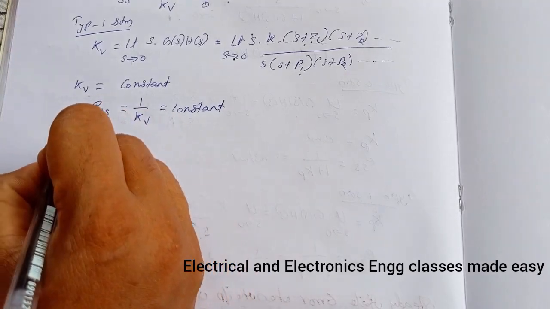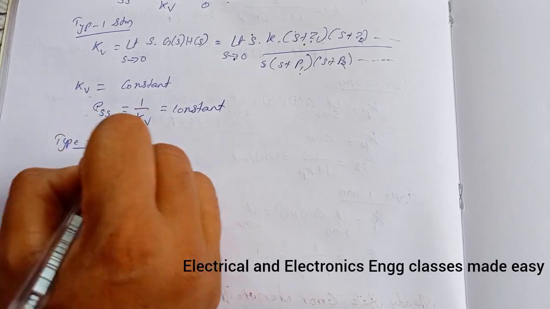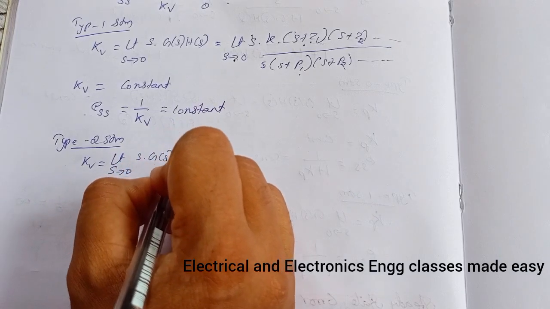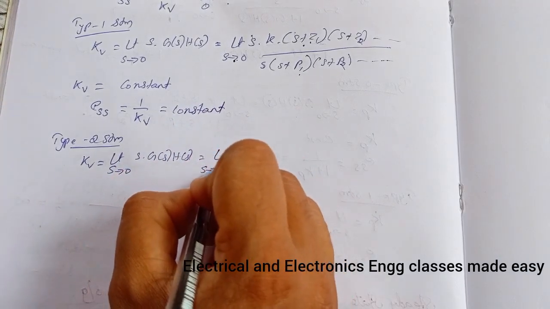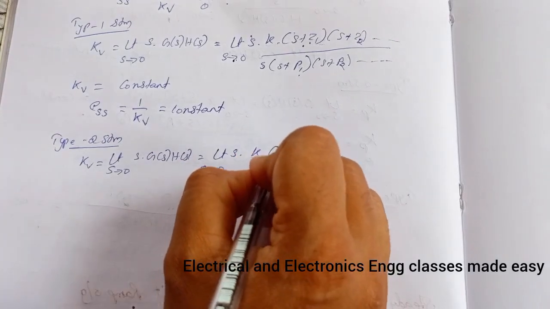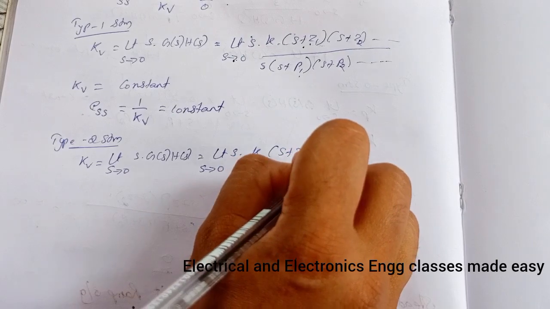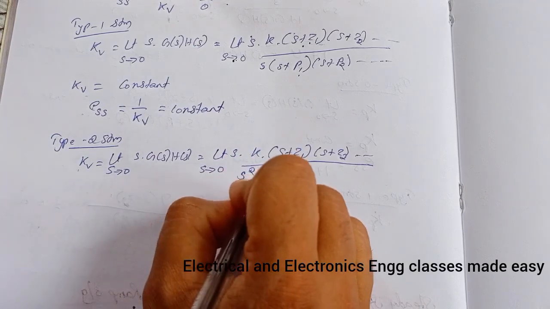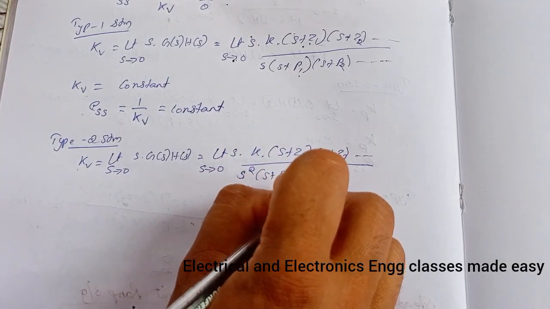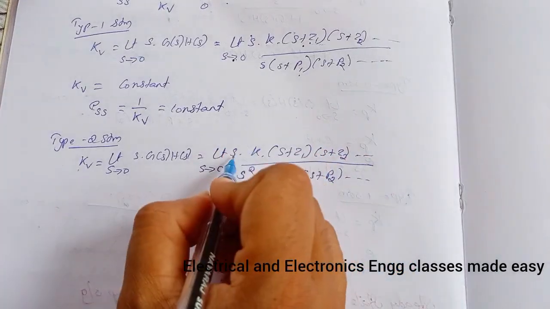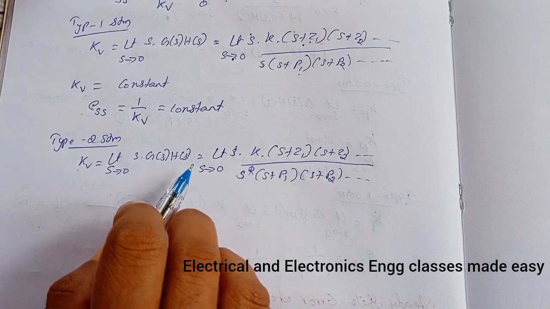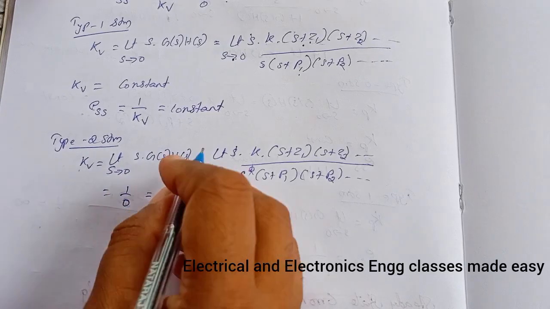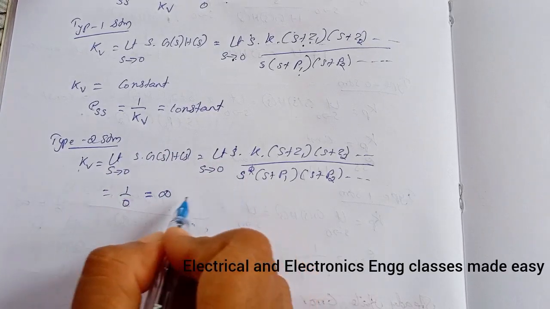Now in the case of a type 2 system, Kv is equal to limit s tends to 0, s into K into s plus z1 into s plus z2 etc., divided by s square into s plus p1 into s plus p2 etc. Here we can cancel one s, and applying this limit we get 1 divided by 0, which is infinity.